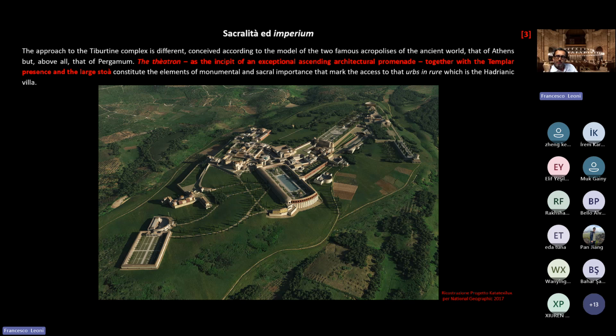What does urbs in rure mean? Urbs in rure is a Latin phrase that tries to symbolize the concept of a city in the countryside.